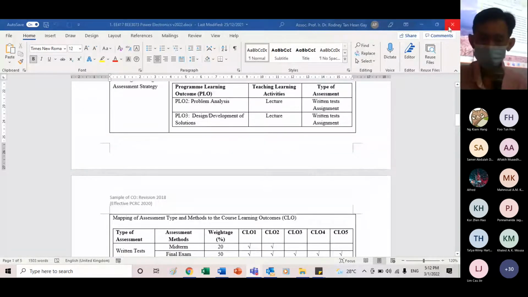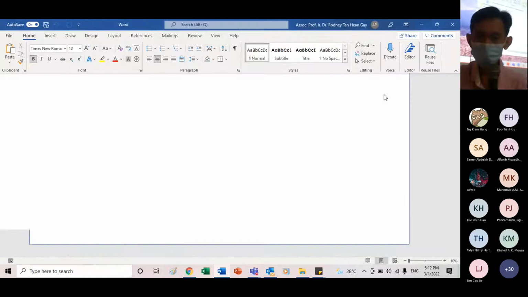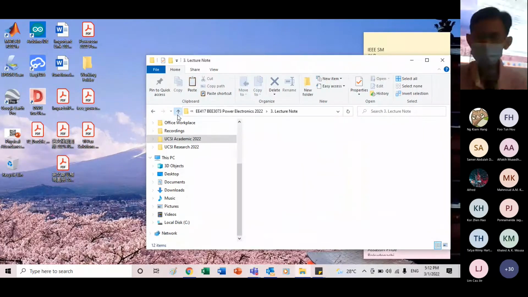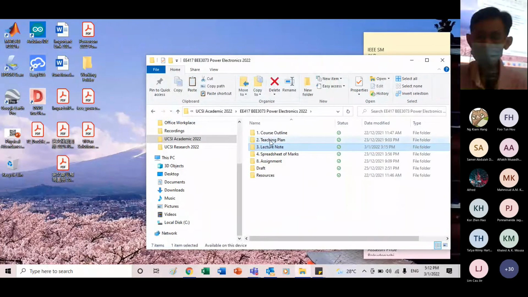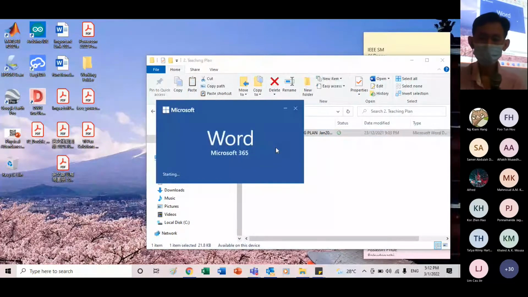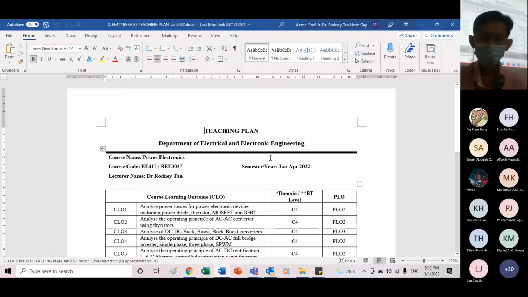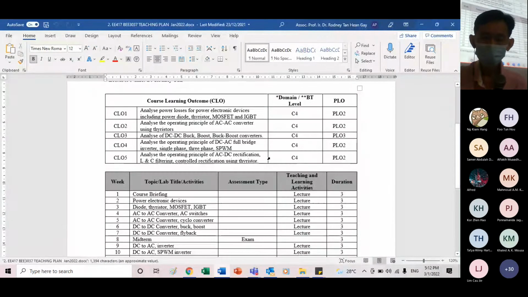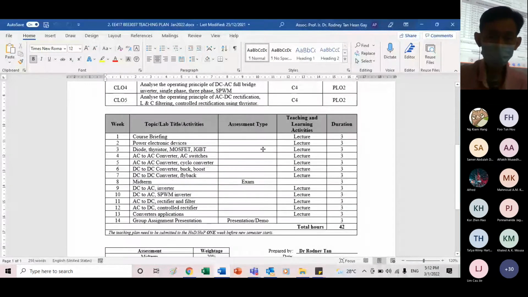Now we move on to the teaching plan. Like I said, I will spend 2 to 3 weeks for all these different converters.